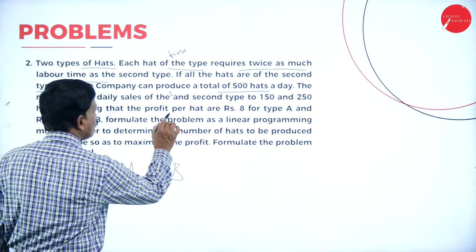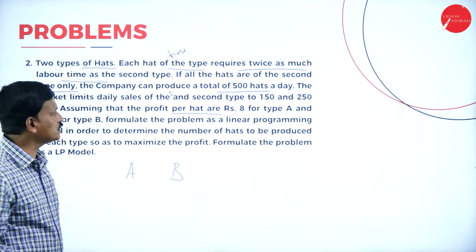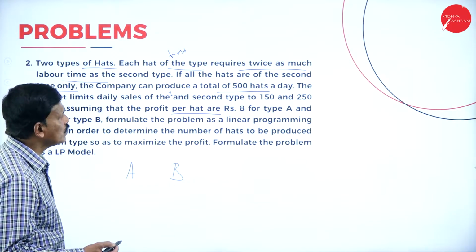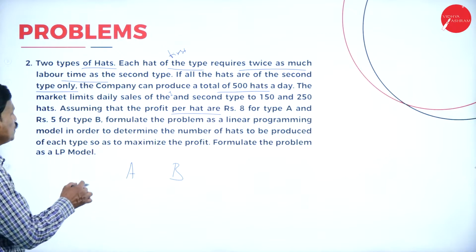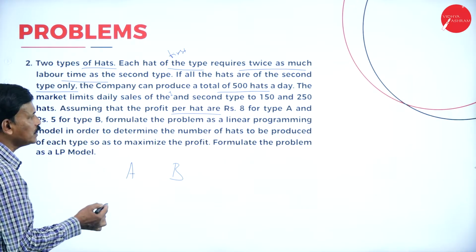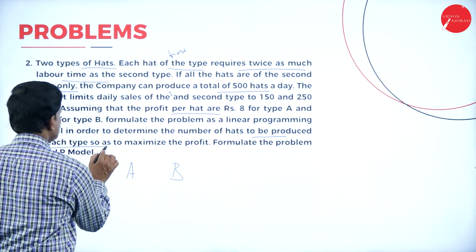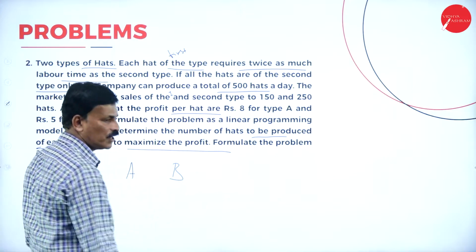The profit, which again is a maximization, is 8 rupees and 5 rupees for type A and B. Formulate the problem as a linear programming model in order to determine the number of hats to be produced of each type so as to maximize the profit.